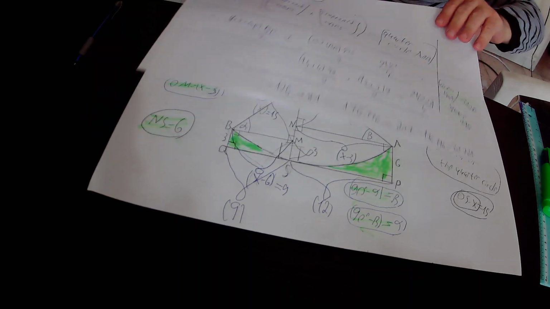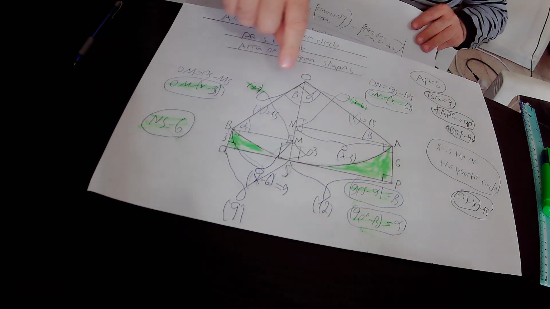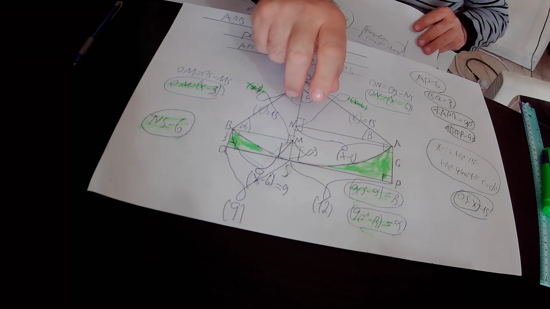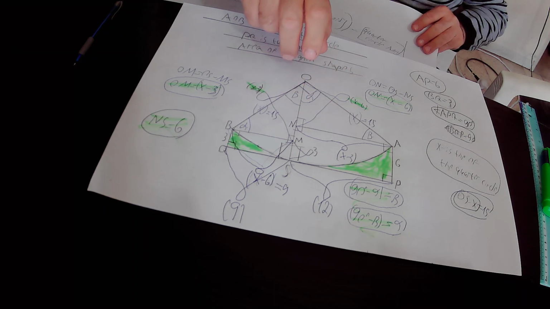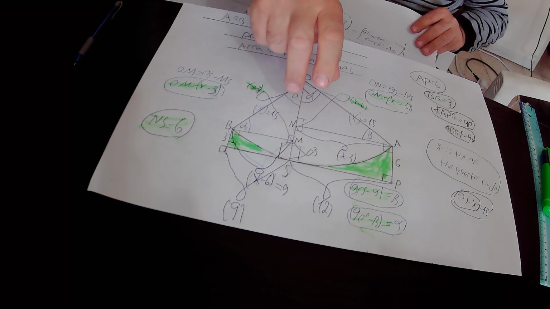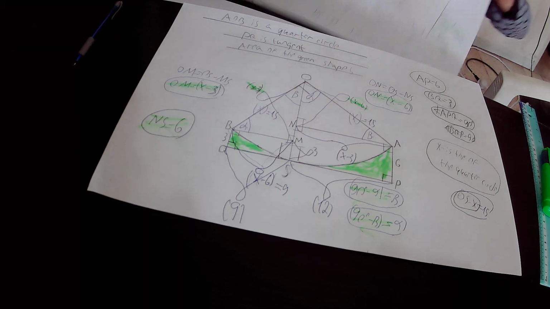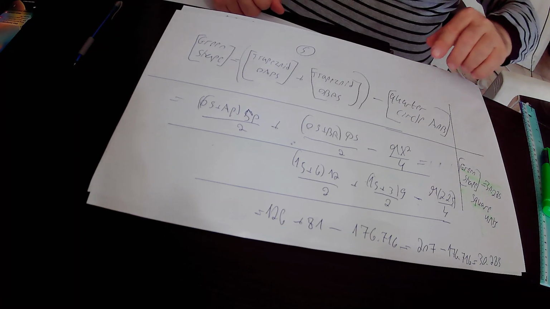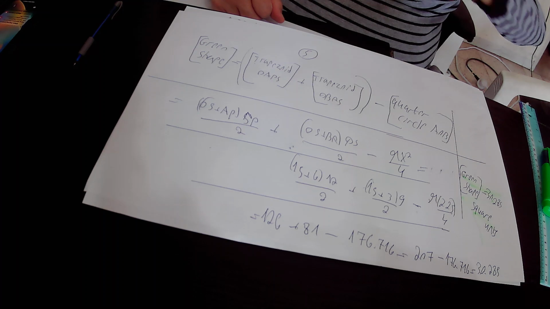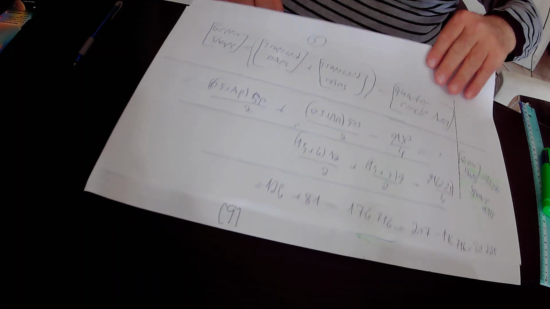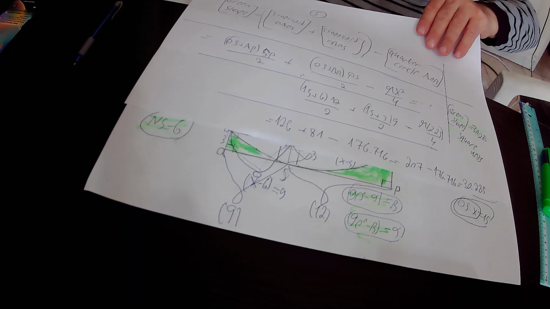So the area of this whole shape, that is the sum of the areas of the two trapezoids, equals 207 square units, minus the area of the quarter circle AOB. The area of any quarter circle equals a quarter of the area of the circle.